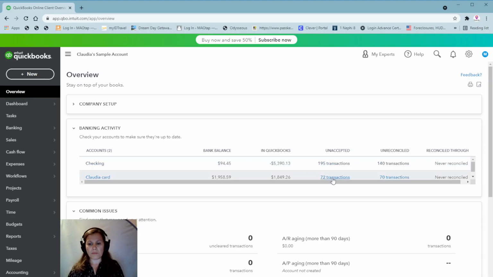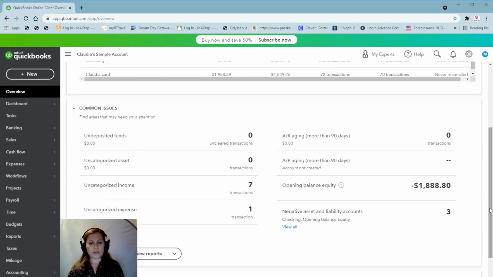In this case, we have a lot of transactions that have not been accepted, and it's for a purpose, because this is a learning account that we can just use as a sample. So that's why I left it that way, so we can learn. Other things that we're going to look at is undeposited funds, which in this case is cleared, but that could be the biggest nightmare for most business owners, because they skip a few processes in the workflow of QuickBooks.